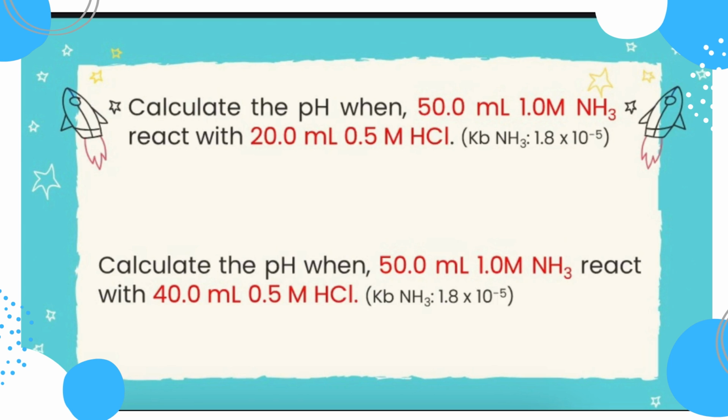Okay, so this is the reaction between ammonia, which is a weak base, and hydrochloric acid, which is a strong acid. So firstly, we need to write an equation that represents the reaction. The reaction is between ammonia and hydrochloric acid that produces ammonium chloride.